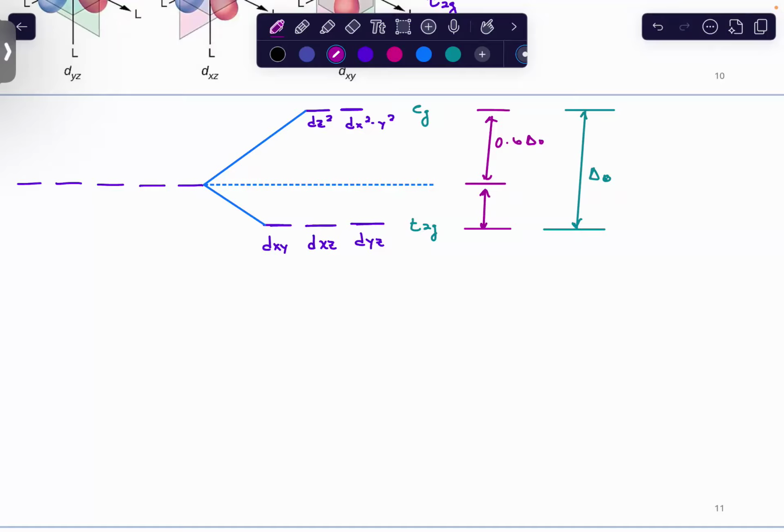So some sources will write this as a negative 0.4 delta O. But in this case, if you did the difference between those two, you get 0.6 minus negative 0.4, and you get a total of 1 delta O. Some people will write that as a positive 0.4 and just add them. But overall, you get that full delta O separation. It's just you get a fractional split of the energies going up or going down.